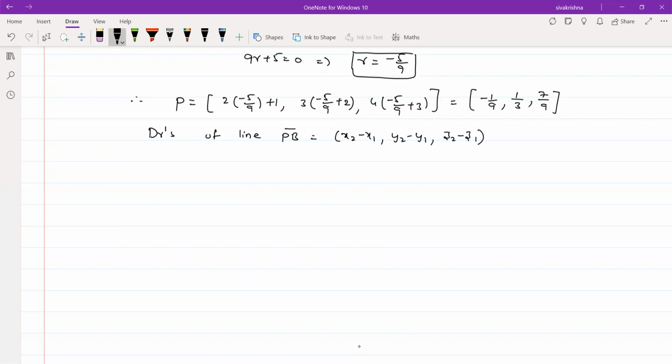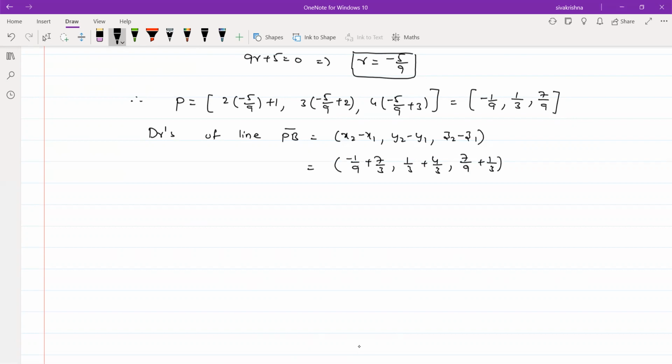Okay, and on simplification I am substituting the values in this formula, so that we get minus 1 by 9 plus 7 by 3, comma, 1 by 3 plus 4 by 3, comma, 7 by 9 plus 1 by 3.